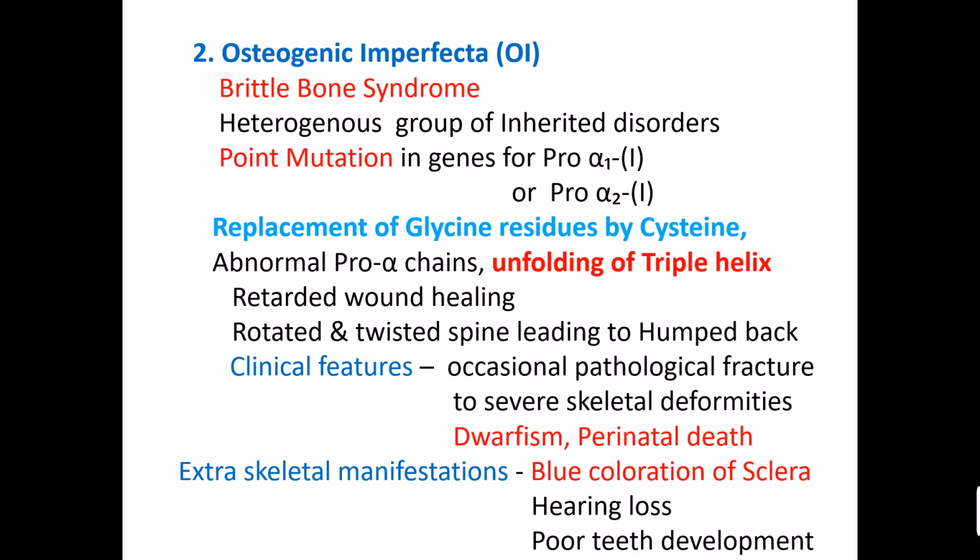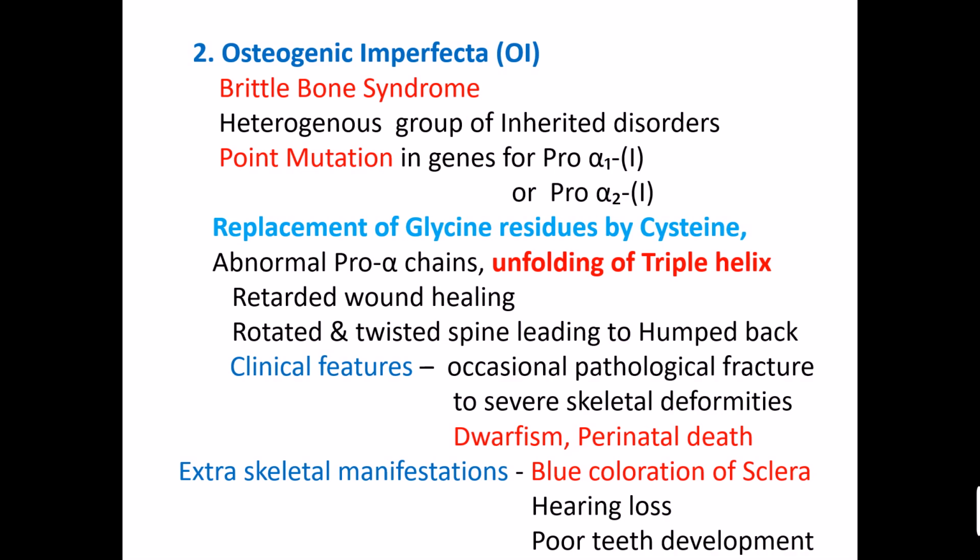Dwarfism, perinatal death, and there are extraskeletal manifestations in osteogenesis imperfecta, that is the blue coloration of the sclera, that is due to the stretching of the tissue, so the underlying structures are seen, and that reflects the blue coloration. Hearing loss, poor teeth development.